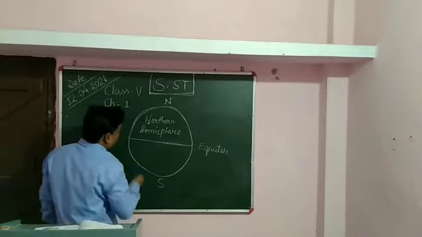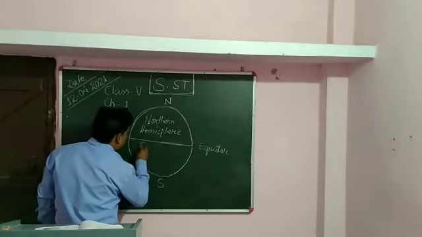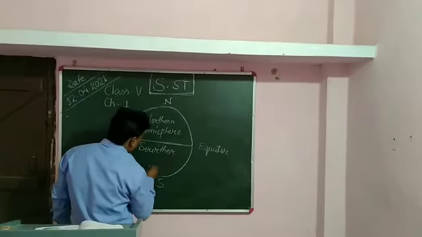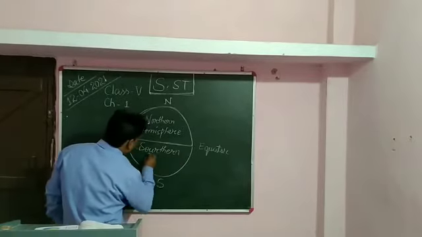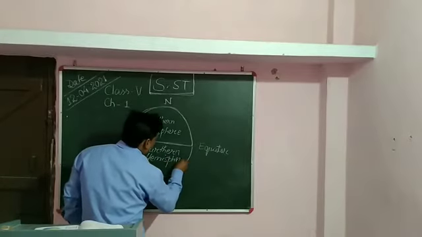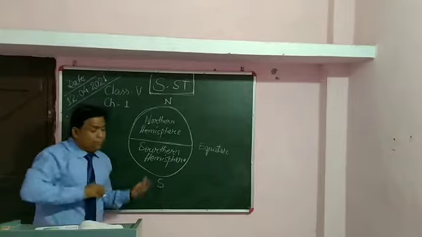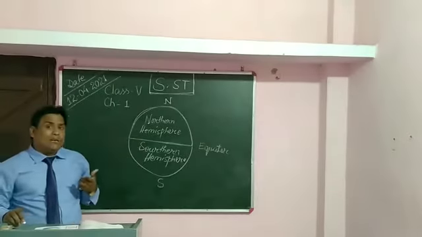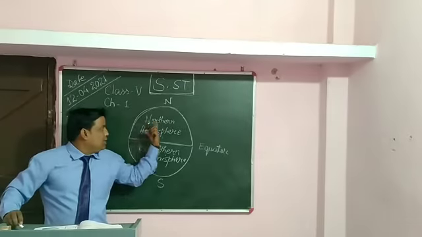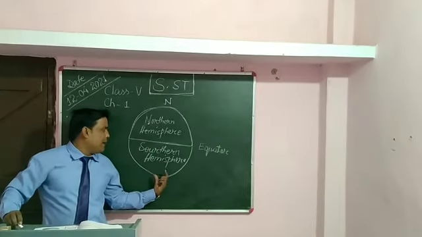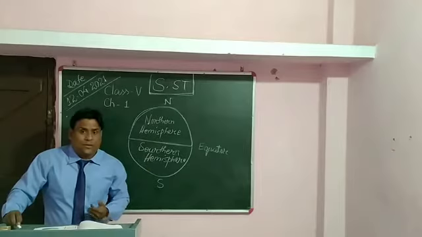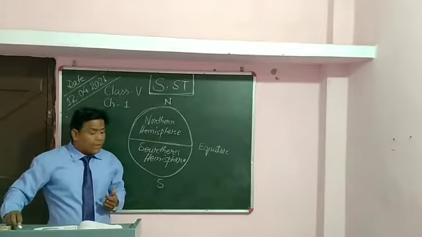The other part automatically becomes the southern hemisphere. So we have to keep that in mind: the upper part of the globe is the northern hemisphere and the lower part, or the bottom one, is the southern hemisphere. Okay children?